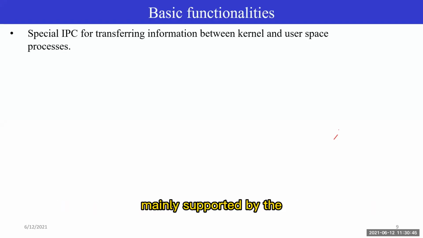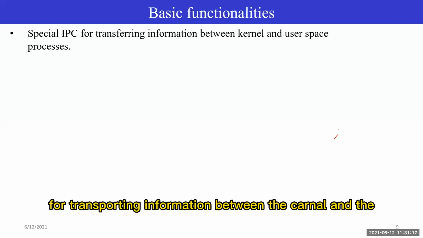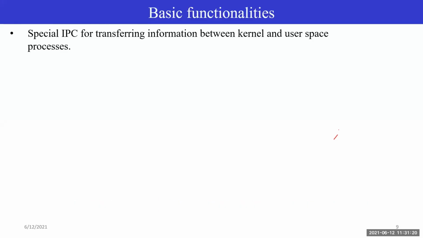This is mainly supported by Linux, and as I said earlier, this is not for communicating between two user space processes or two processes running on two physically separated machines. For those purposes, netlink socket is not your solution. It is a special IPC for transferring information between the kernel and the user space process. Now there's a catch.